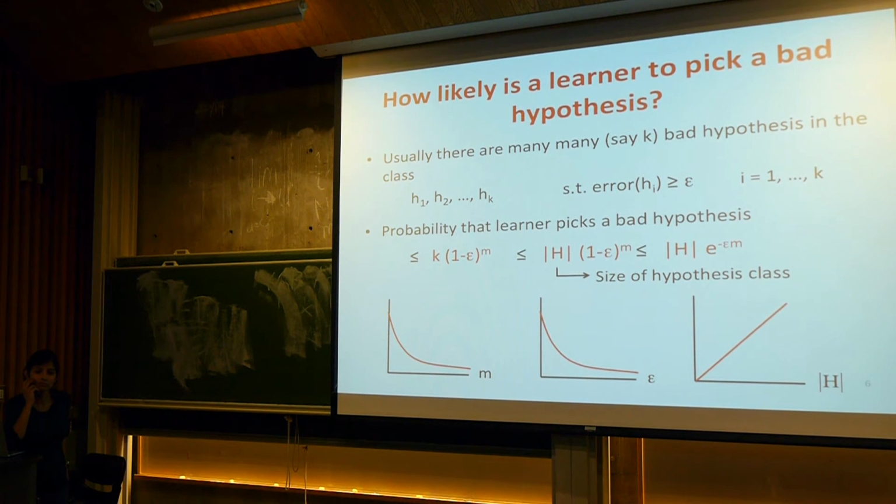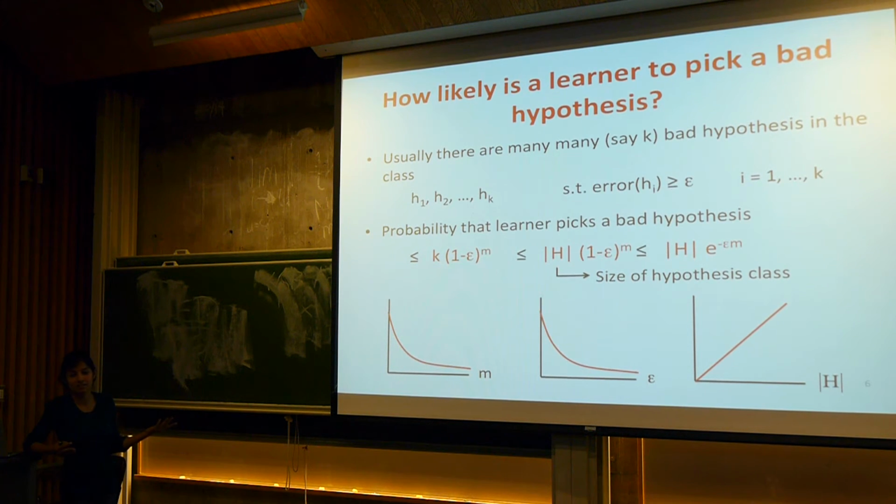Can't you put H as a big upper bound, but assume that there's at least one good hypothesis and do H minus 1, or does that not work? You may not know that, right? K is the number of hypotheses that have true error bigger than epsilon. There's no way to know how many hypotheses will have that true error.